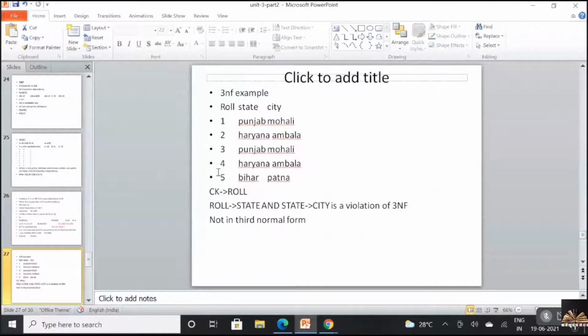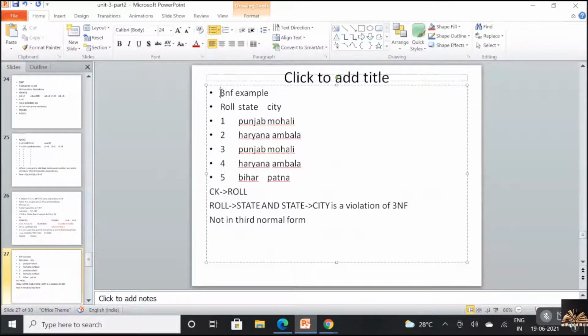Now see, Amma. Again, I'm not breaking this into pieces. I'm just working with a small example. See over here, I've got a table, some random table, which consists of roll number, state, city.